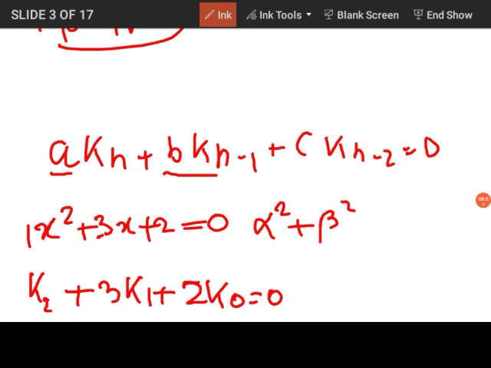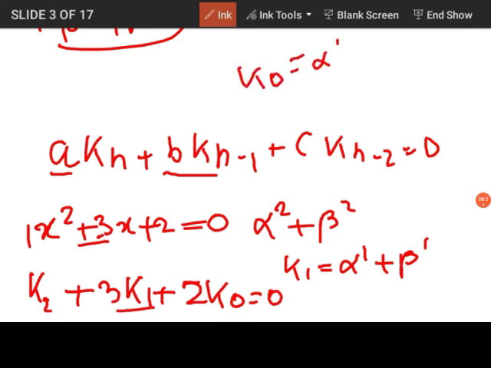Now what does k1 mean? K1 means alpha raised to the power 1 plus beta raised to the power 1, this is just the sum of the roots, that is minus b by a, which is minus 3 by 1, so minus 3. And what is k0? K0 is nothing but alpha to the power 0 plus beta to the power 0, so this will be 2.